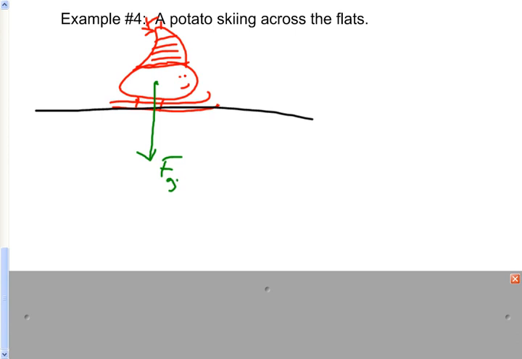We've got gravity again, F grav. Let's call it, I don't know, 10 newtons. A little heavier with the skis and the hat than before. If that's the case, then we expect the ground to be pushing up with 10 newtons of force.